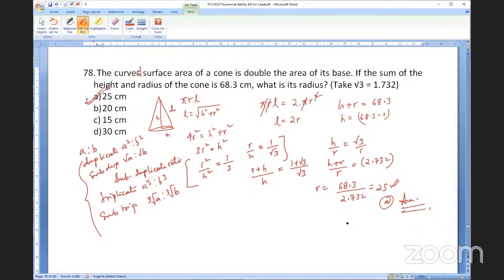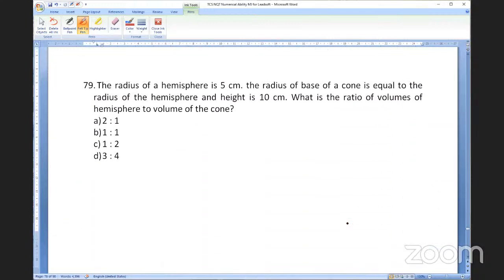Let's try the next one. A minute timer is on.